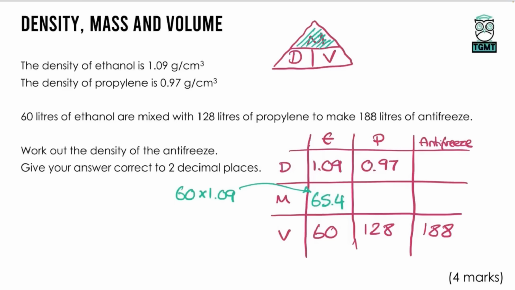I can then work out the mass of the propylene, just here, by doing the volume, 128 times 0.97. So 128 times 0.97, there we go, and that's going to give me the mass of the propylene, and that comes out as 124.16.